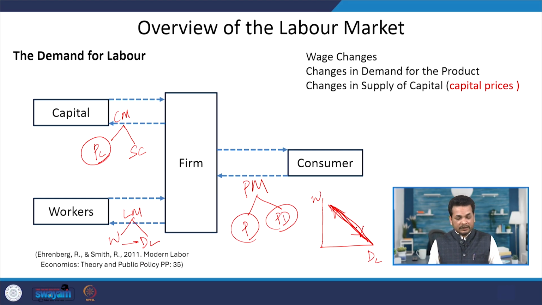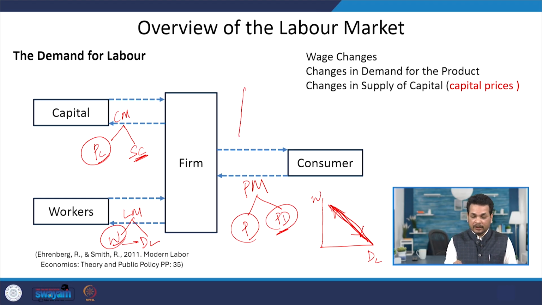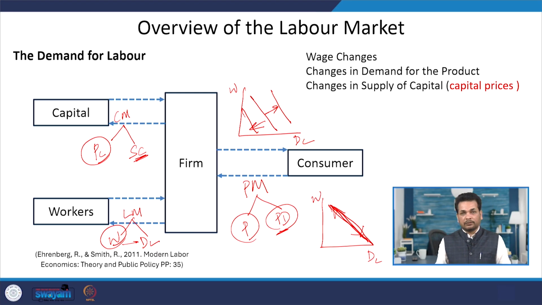Now, when any change happens to the product demand in the product market or the supply of capital in the capital market, keeping the wage rate constant, a shift happens in the demand function. This shift can be left or towards right.